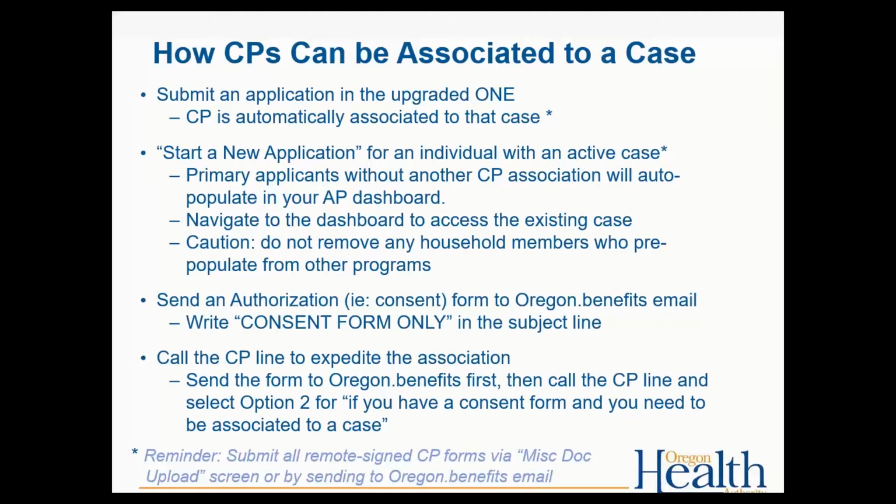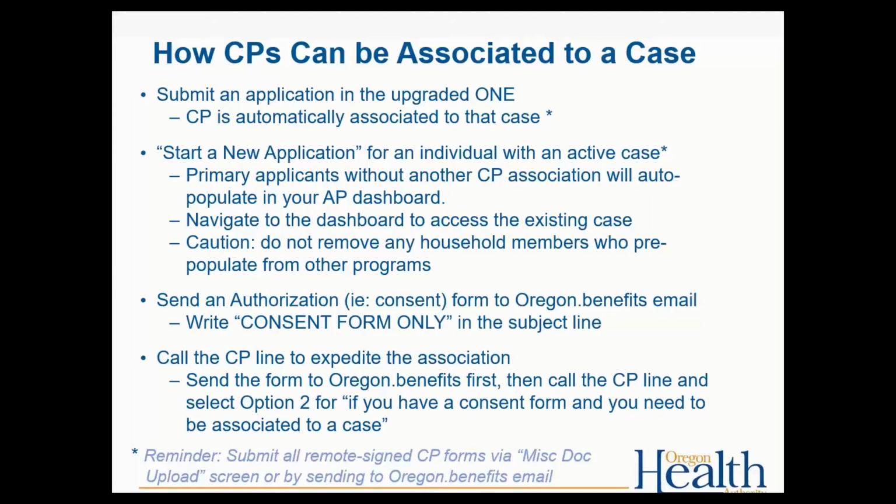Someone is asking to clarify what it means to pre-populate. In the past, when somebody had a case and you tried to help them apply in the applicant portal, it would give you a hard stop after you entered their name and their birth date and their social, if they have one. It would say, I'm sorry, this person is already known to the system.